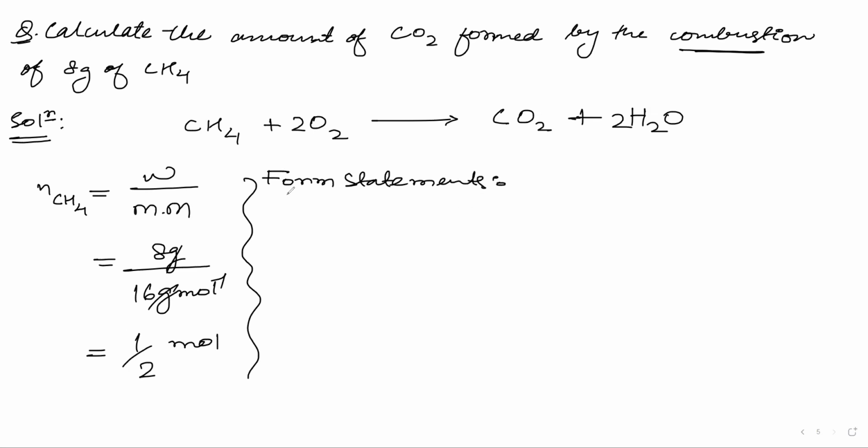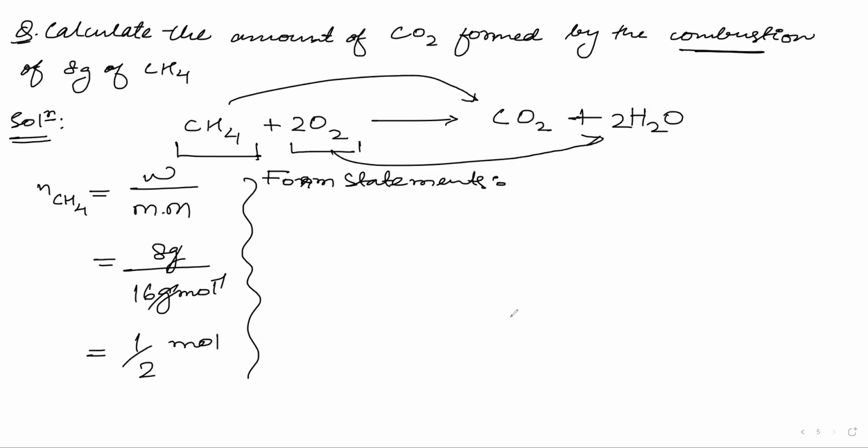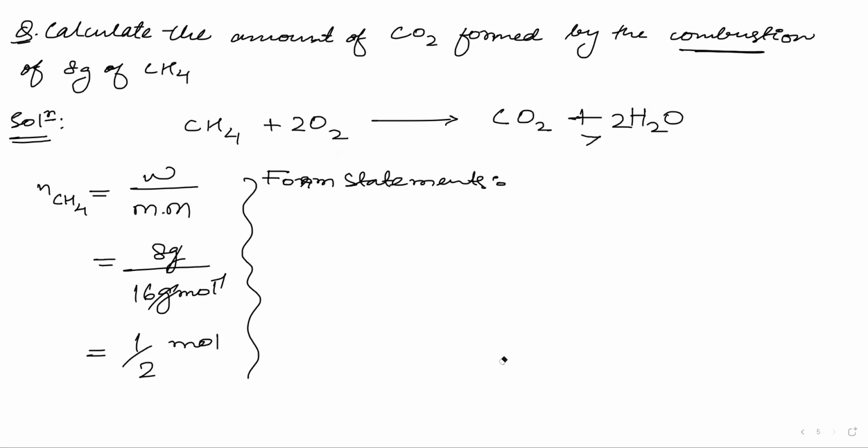We write the statements according to the chemical equation that we have. But where will we start from? Will we start from CH4 giving how much carbon dioxide, or from O2 giving how much H2O or CO2? Should I write 1 mole of CH4 gives 1 mole of CO2, or 2 moles of O2 gives 1 mole of CO2?